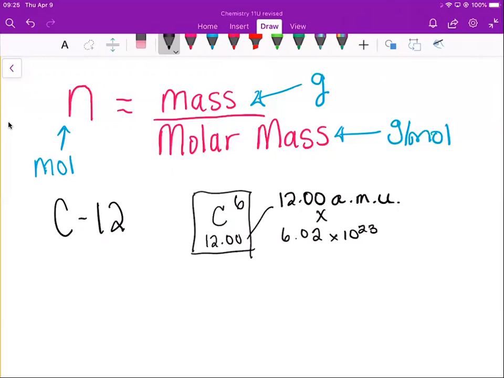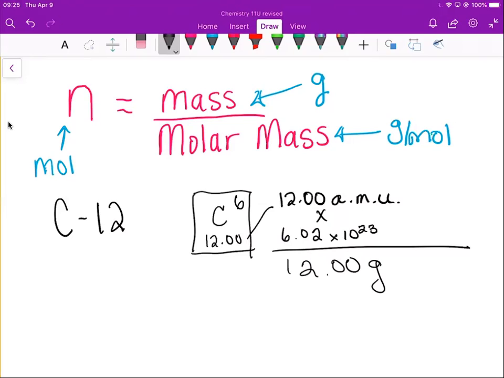If you have exactly 6.02 times 10 to the 23 atoms of carbon, what does this turn into in terms of grams? 12 grams. So that's the power of Avogadro's number: when you have 6.02 times 10 to the 23 atoms of anything on the periodic table, the atomic mass, that before we were saying atomic mass units, is how many grams.